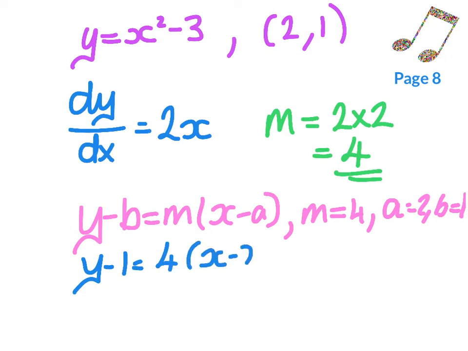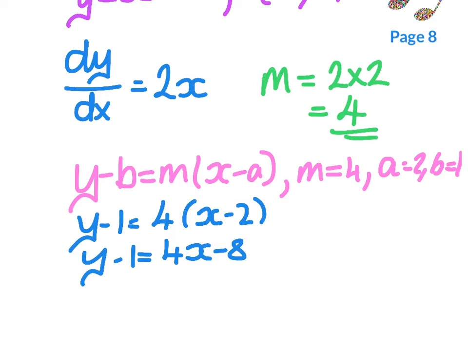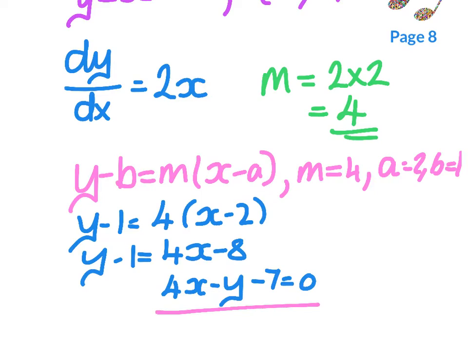I'm going to multiply out the brackets. y minus 1 equals 4x minus 8. And I'm going to rearrange so everything's on one side. 4x minus y minus 7 equals 0. Okay, all straightforward so far.